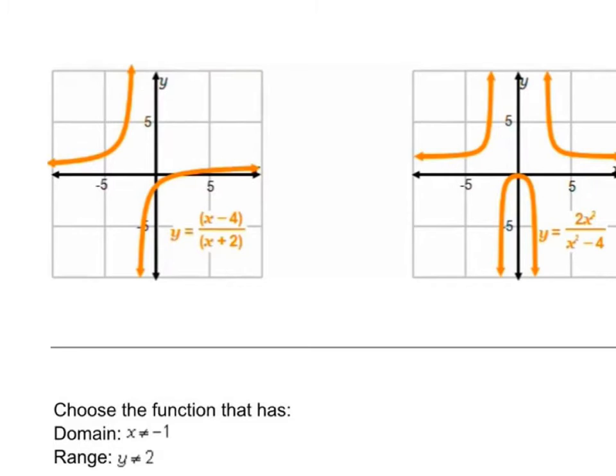Let's take a look at these, and let's do this one first. Let's look at our horizontal asymptote, and what I want to look at is the degree. Remember, the degree is the largest exponent. So I have a degree of 1 divided by a degree of 1.